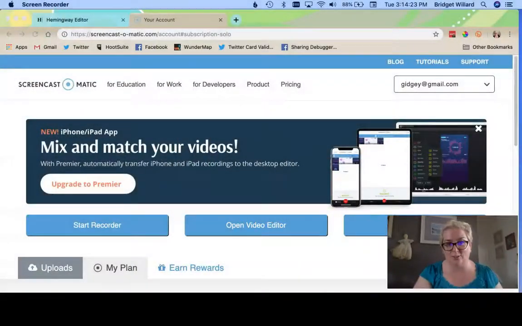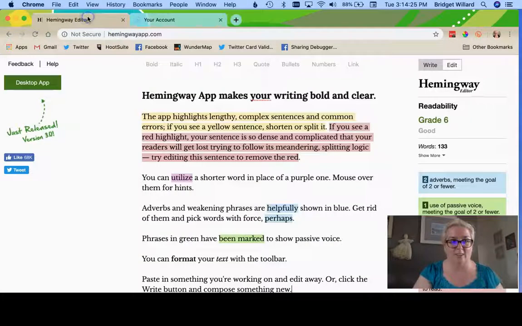Okay? So I just want to take a minute to talk about a tool I really like, which is called the Hemingway App. It's hemingwayapp.com. It makes your writing bold and clear.